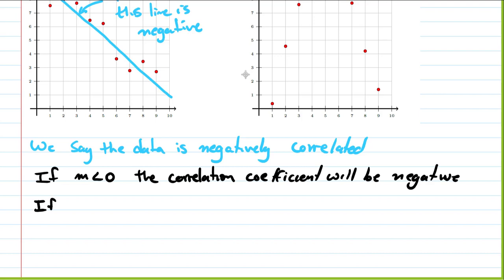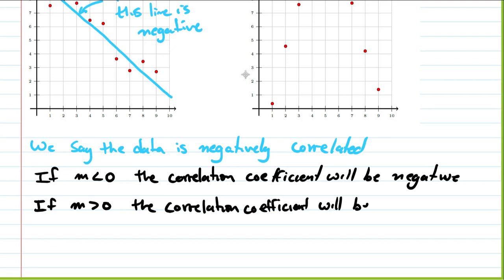If our slope were positive, then the correlation coefficient will be positive.